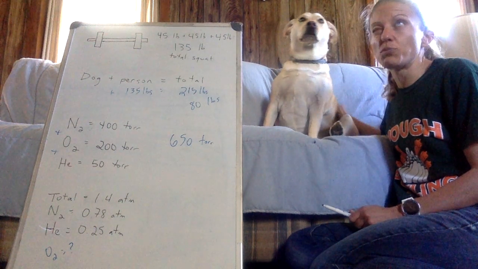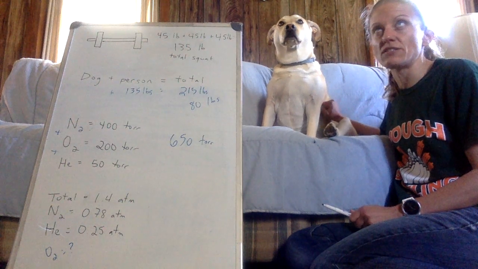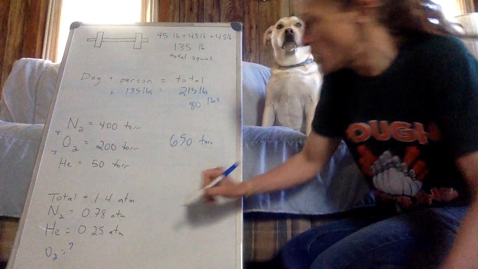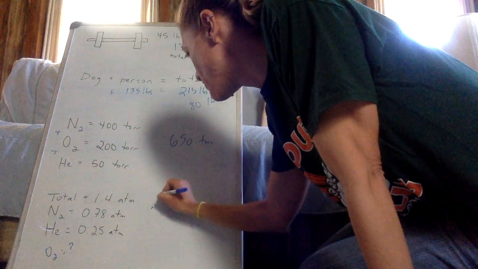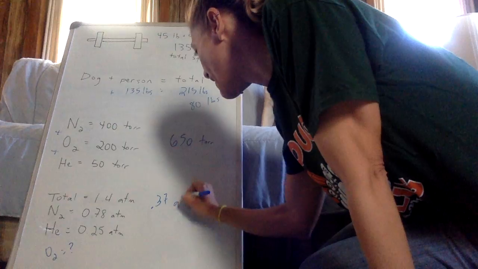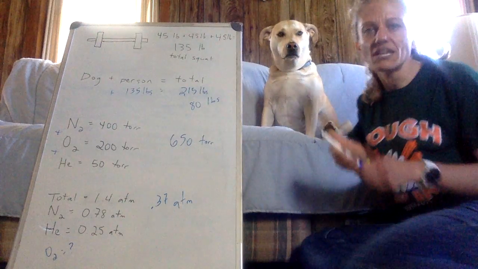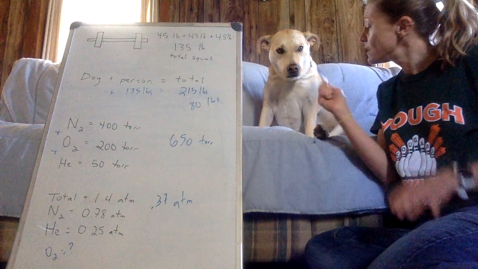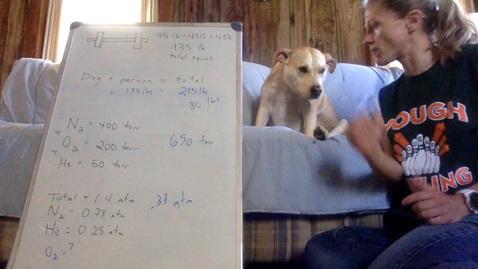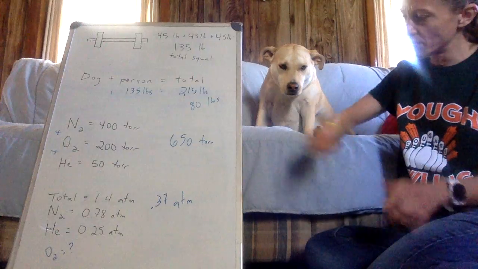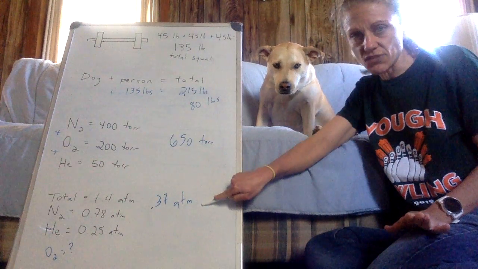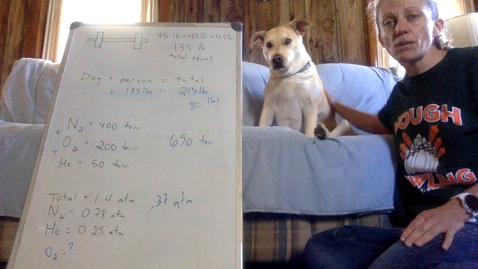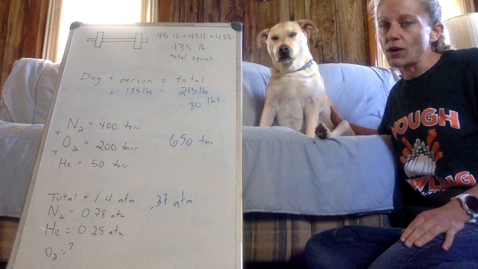So 1.4 minus 0.78 should be 0.62, minus 0.25, 0.37. Looks like my pressure of O2 there is going to be 0.37 atm. My total minus all of the partials that I know gives me my last partial pressure of oxygen. And look, torr is good, atmosphere is good. Whatever your units are to start, you can keep them in that unit unless you're told otherwise.